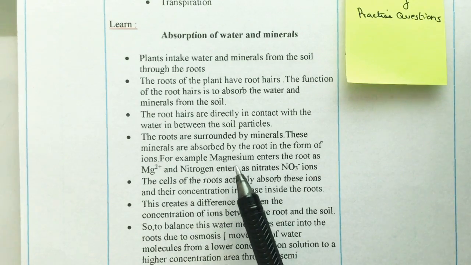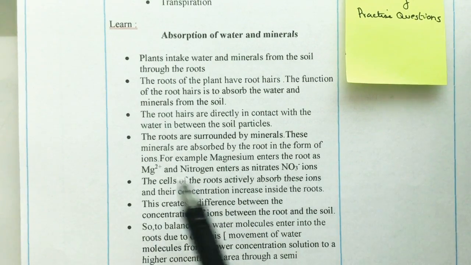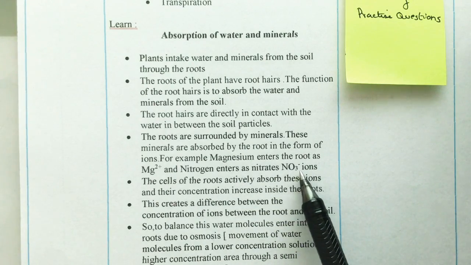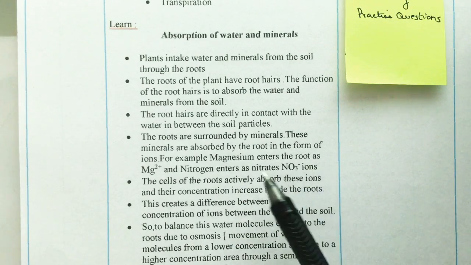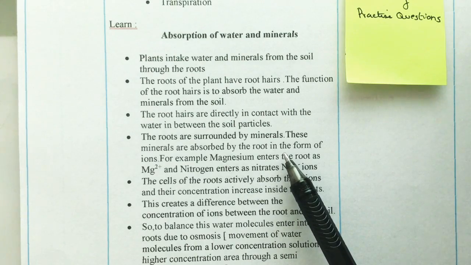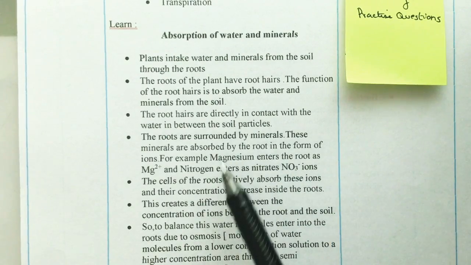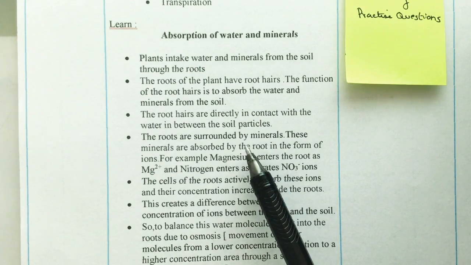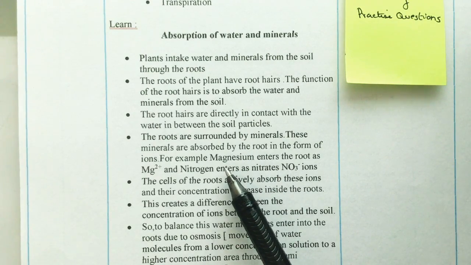For example, you can state magnesium enters the root as Mg2+ and nitrogen enters as nitrate NO3- ions. It is not given in detail in your textbook, it is just mentioned only ions, but I try to emphasize so that you understand what it is trying to say by absorbing the ions, okay?